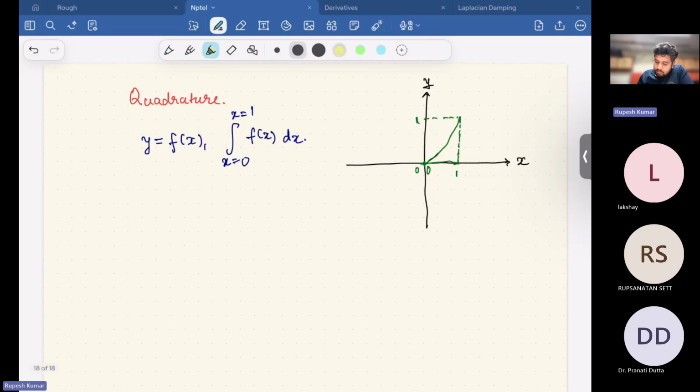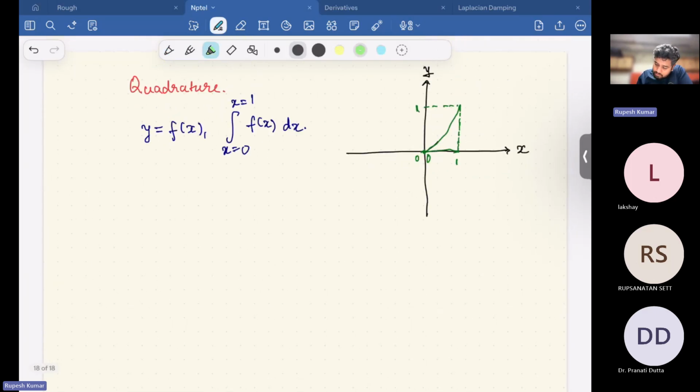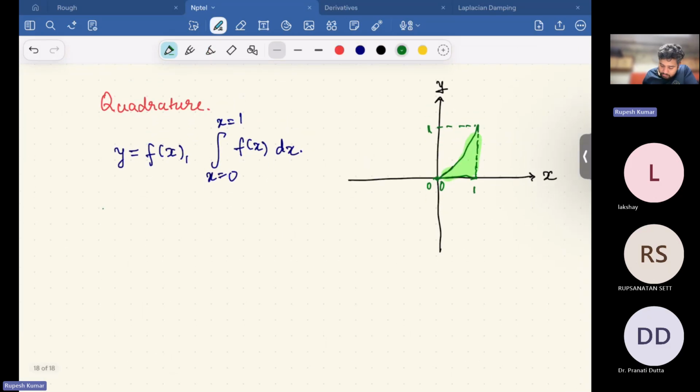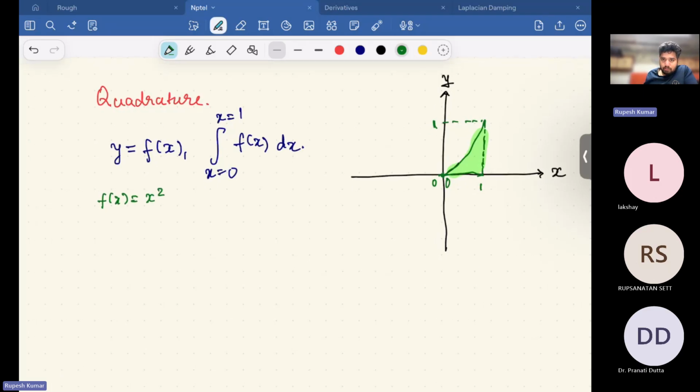So let's resume. This integral essentially represents the area under the curve. Now, let's say I am giving you a very simple function such as f of x equals x squared. You can very easily compute the area under the curve for the given range by using the integral formula.